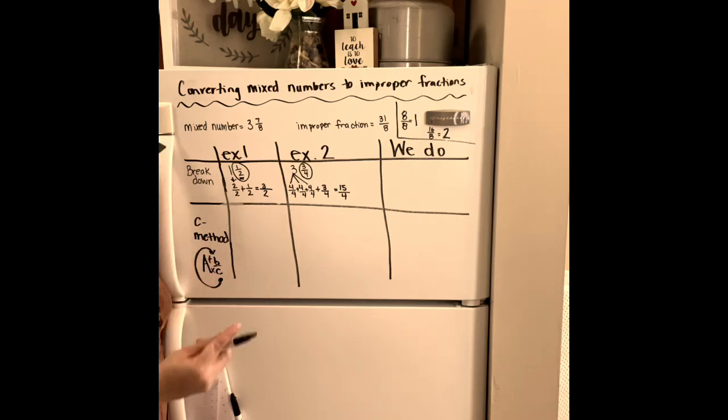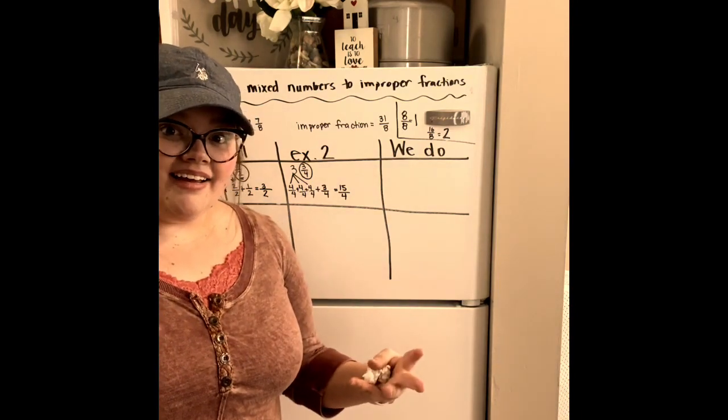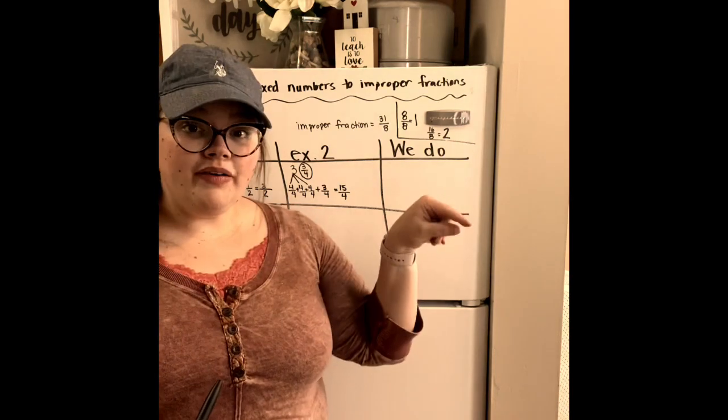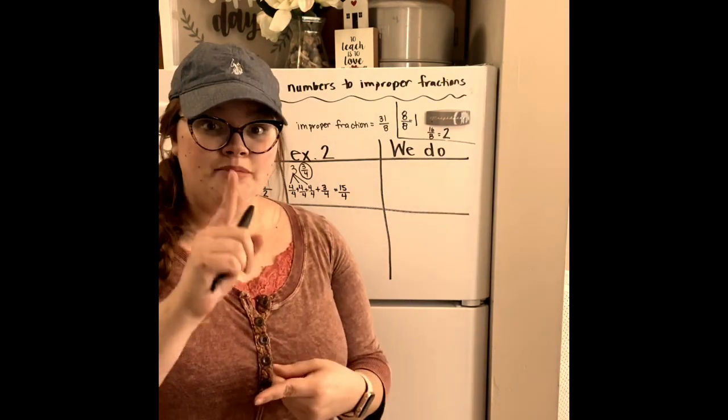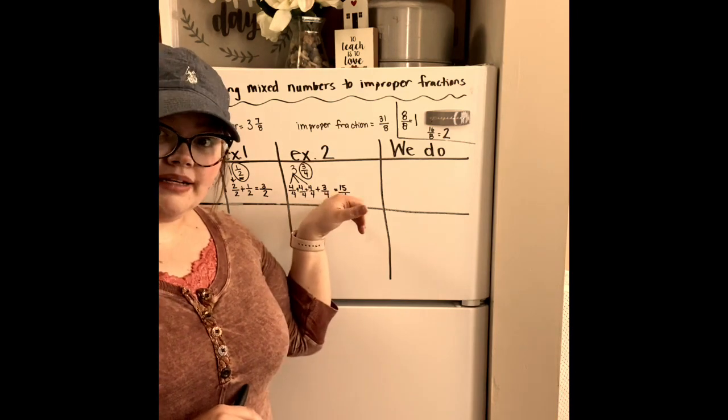And so what I'm going to do is take the denominator times the whole number and then add on the leftover numerator. Now, if you think about it up here, that's exactly what I did. I had repeated addition, which remember from our previous lesson, repeated addition is multiplication, plus the leftover piece.